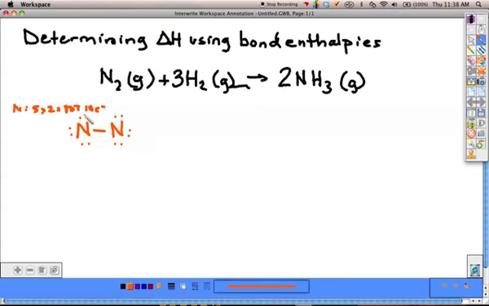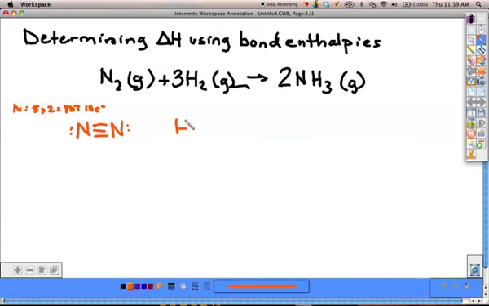I can only have 10 electrons in this molecule. A double bond's not going to do it, but a triple bond will. So now I have 8 around each of the nitrogens, and I have 2, 4, 6, 8, 10 electrons overall. So I've got my Lewis structure of nitrogen.